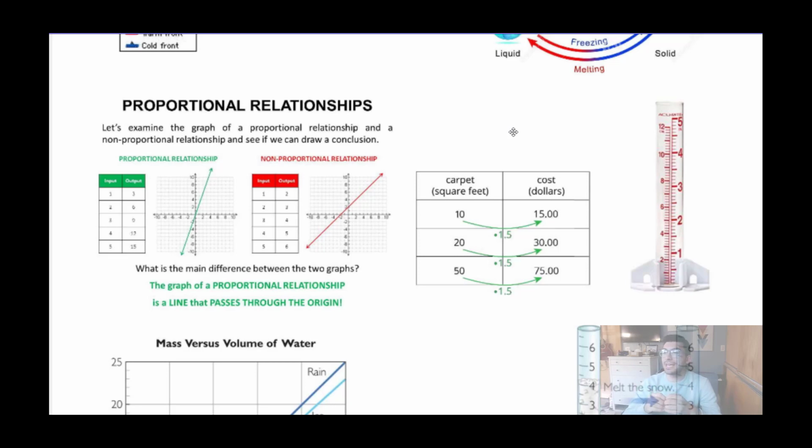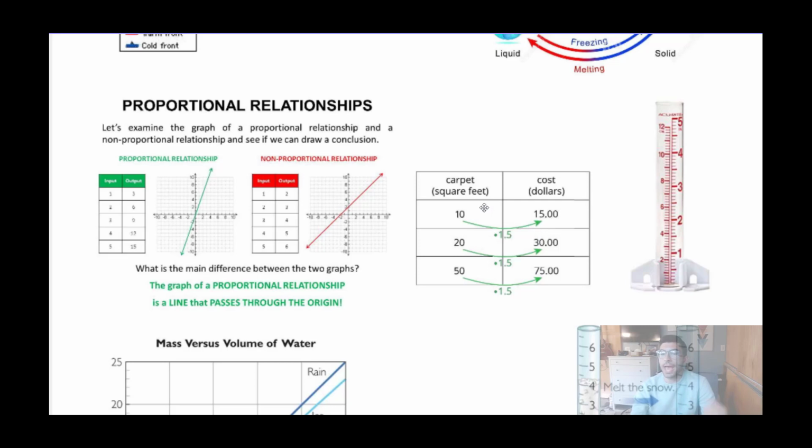But it's going to be the same number, which we called a proportionality constant. So here in this example, the cost in dollars per square feet of carpet, 10 square feet of carpet is equivalent to $15. 20 square feet of carpet is equivalent to $30, and 50 square feet is equivalent to $75. So the constant here is 1.5.